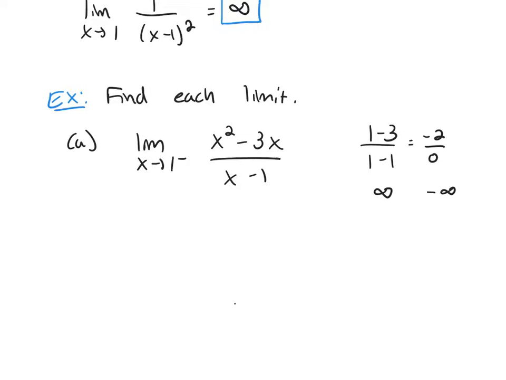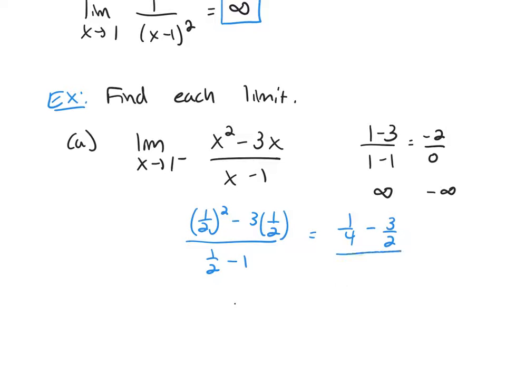So here, if I'm approaching 1 from the left, that means a little bit smaller than 1. So plug in 1/2. In the top, I plug in 1/2 squared minus 3 times 1/2, over 1/2 minus 1. So I'm getting 1/4 minus 3/2 over negative 1/2.